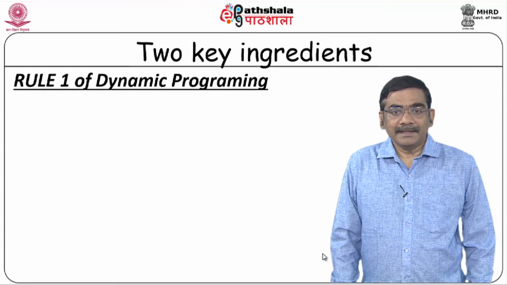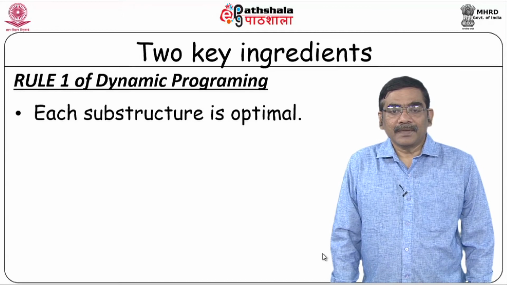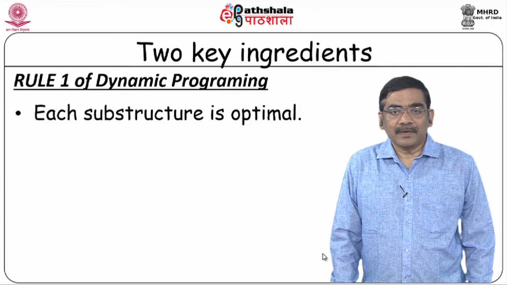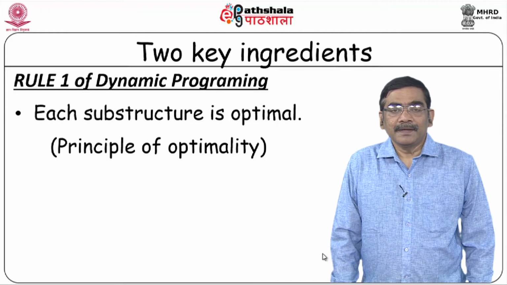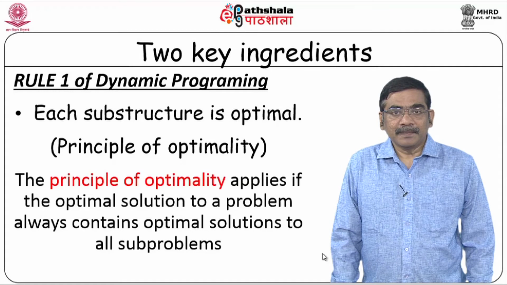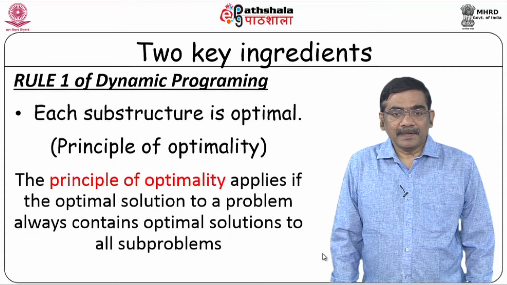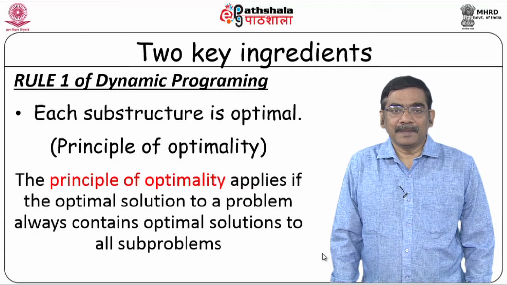The ingredients of dynamic programming are like this. Every substructure is optimal. We call this the principle of optimality, and the principle of optimality says that the optimal solution to the problem contains optimal solutions to all the sub problems.